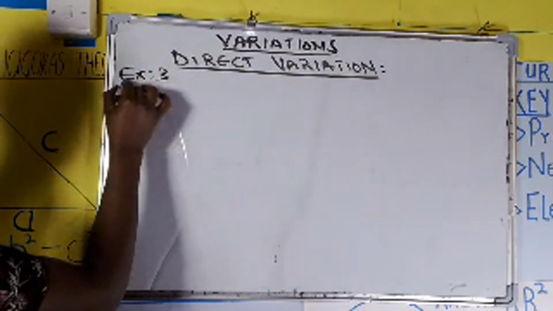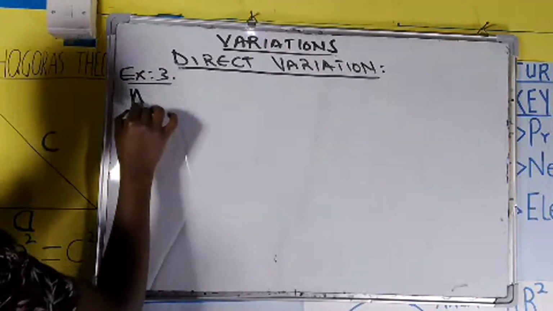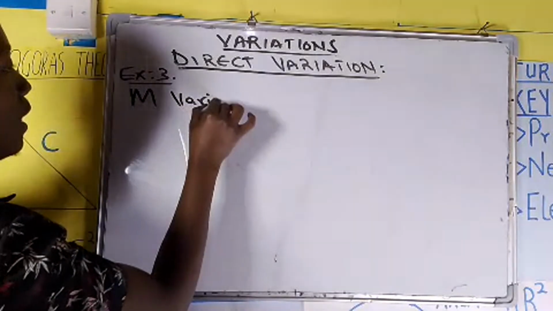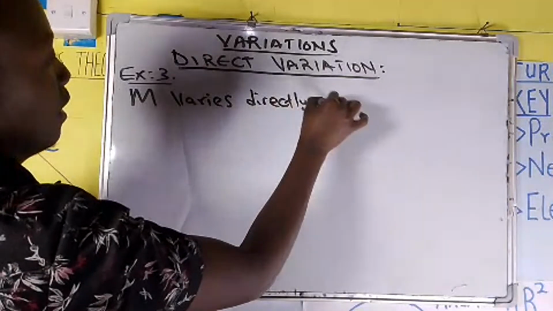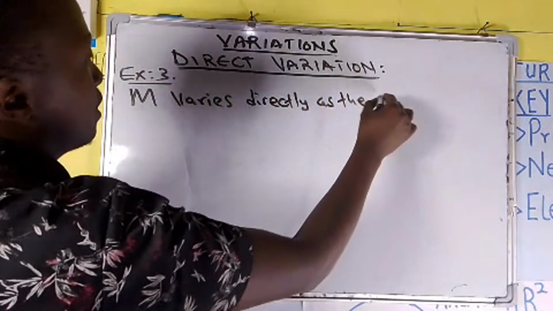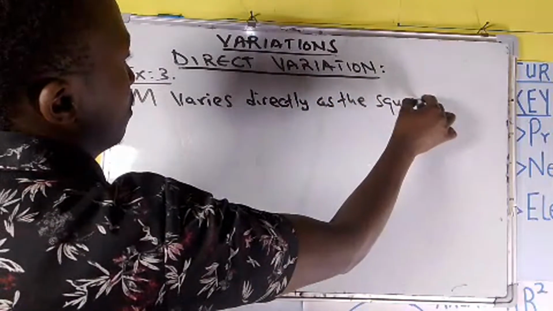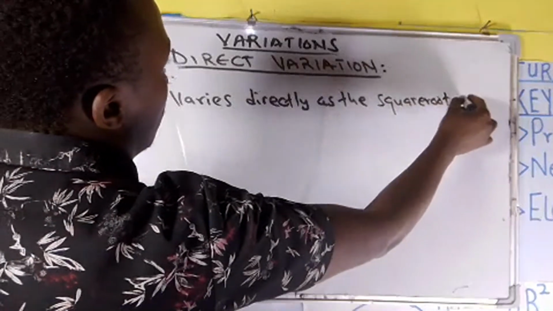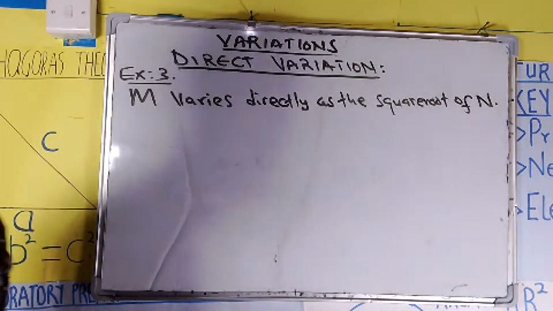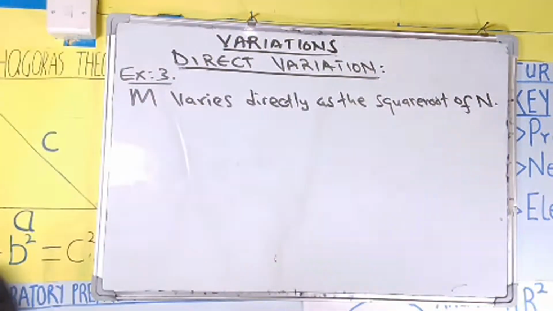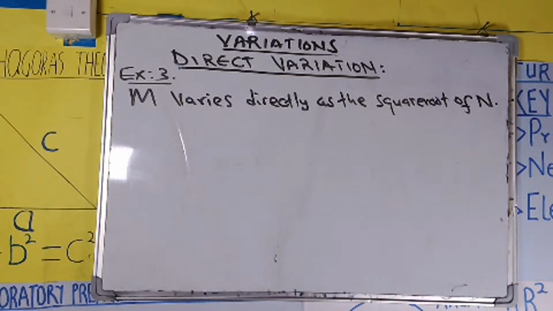Example 3. M varies directly as the square root of n. Good, I have understood. That's good.